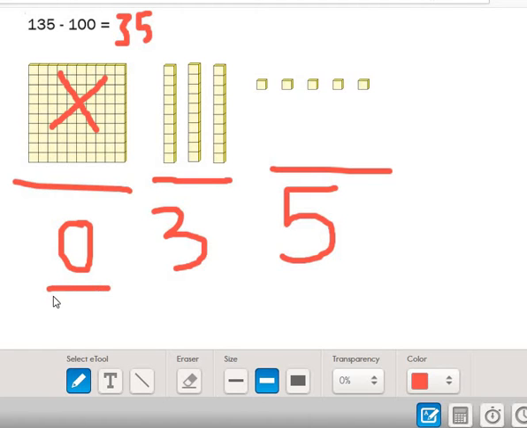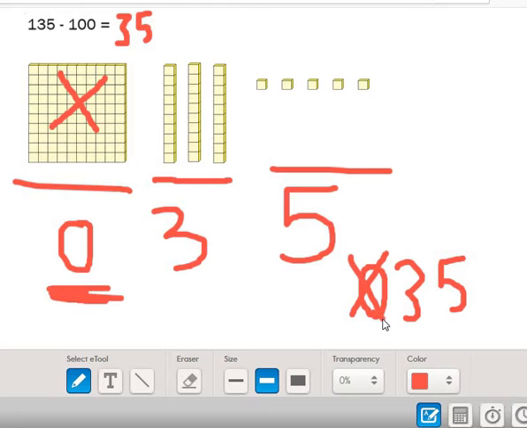This 0 didn't mean anything, so we can write it, but it's better not to write it, because 0 means no hundreds. If we write 35, we already know that there are no hundreds. We don't need to write 0 to know that there are no hundreds. So 135 minus 100 equals 35.